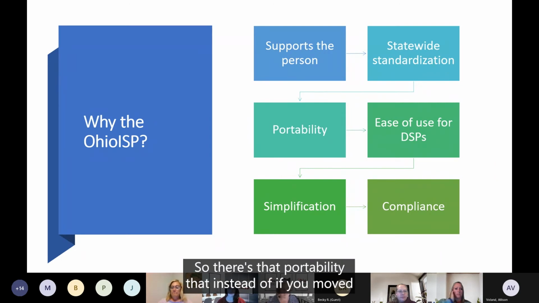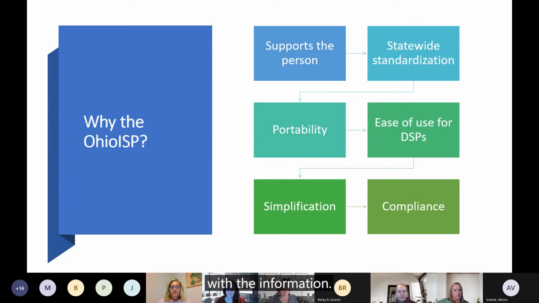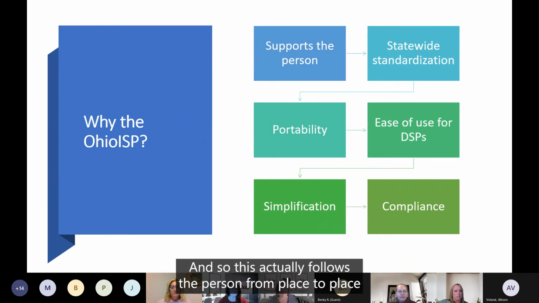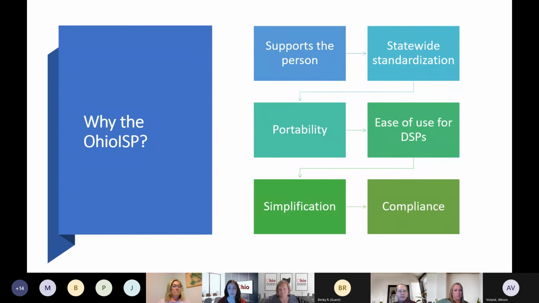So there's that portability that instead of if you moved from an ICF into a waiver home in a different county, you would have to start basically from scratch with the information. And so this actually follows the person from place to place. And it allows that consistency for that person, so they can build off the information from the existing plan.